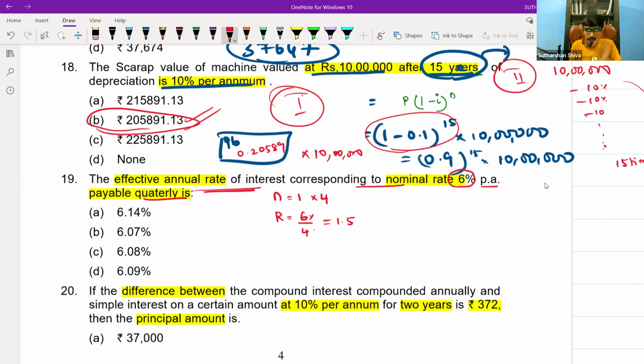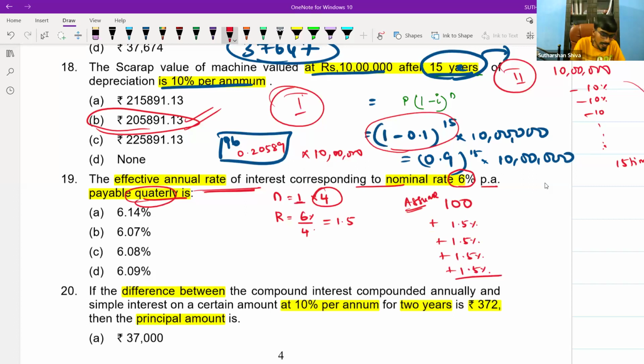What we are going to do? Just simply do, listen, take 100, assume 100. Why are we assuming 100? Effective annual rate is independent of principal. So 100 plus 1.5% plus 1.5% plus 1.5% plus 1.5%, for 4 times, because here they are given quarterly. So n is 1 year into 4, which is 4.